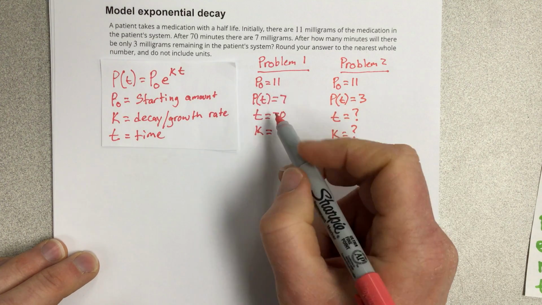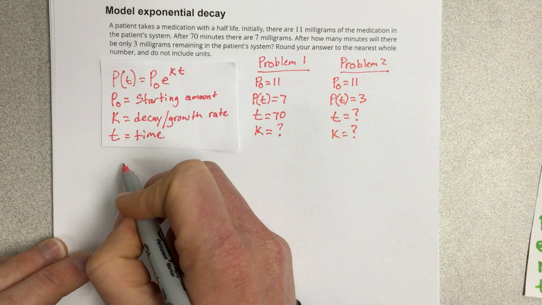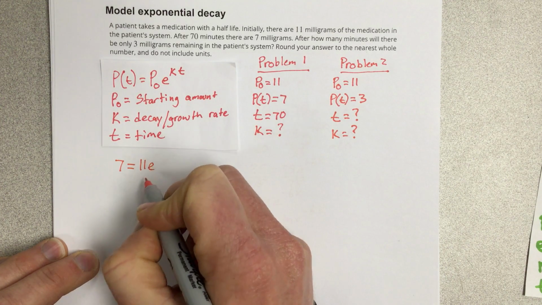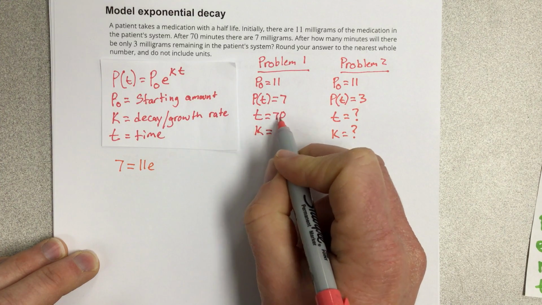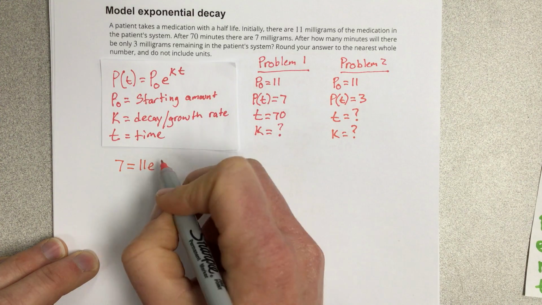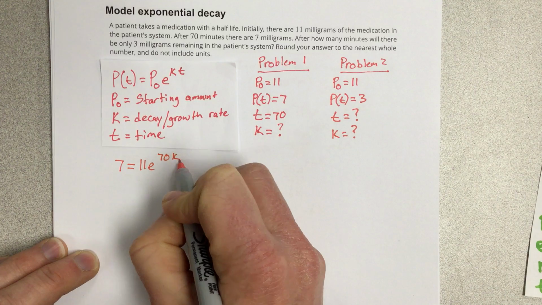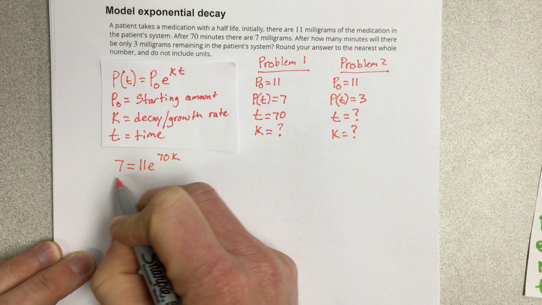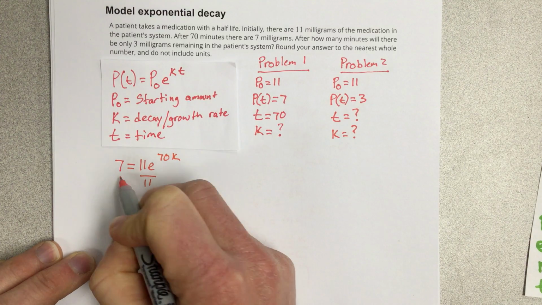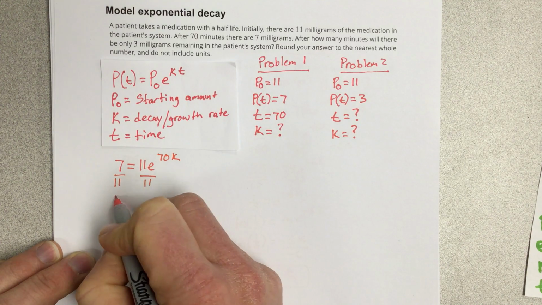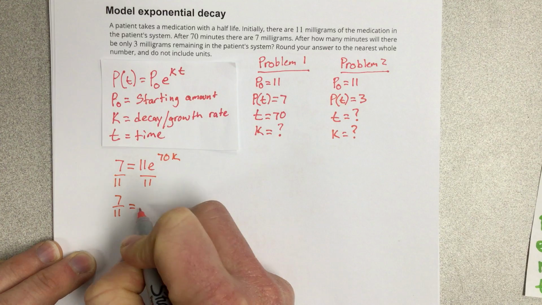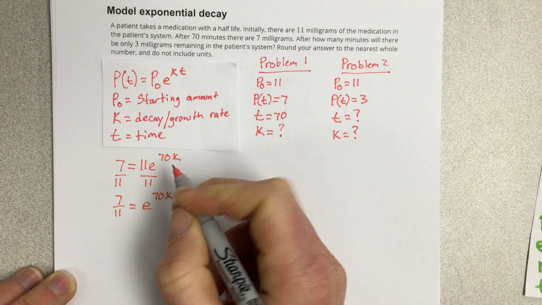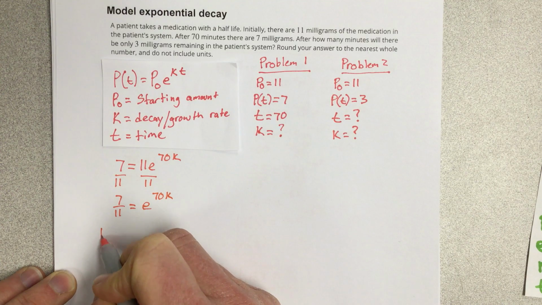So let's start with problem 1, plug in what we know. We have 7 equals 11 e to the kt, so t is 70, so it's 70k. We can isolate the exponential by dividing by 11 on each side. So we get 7 over 11 equals e to the 70k. We're going to take the natural log on each side.